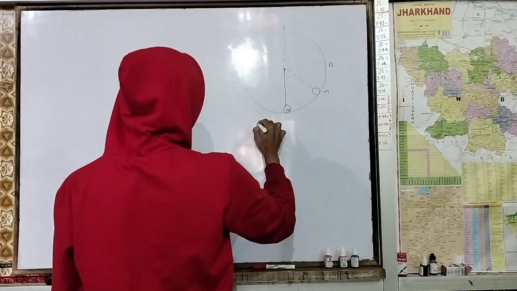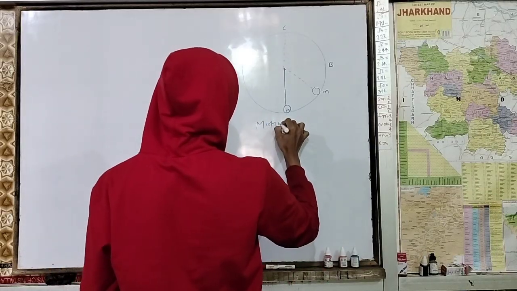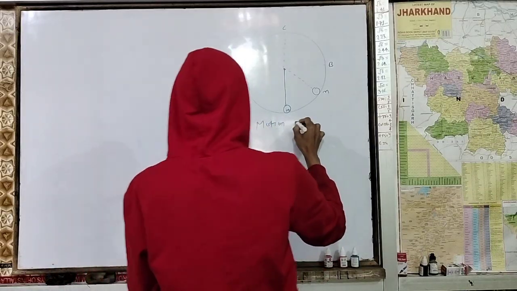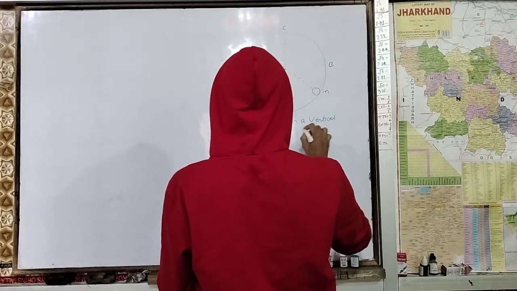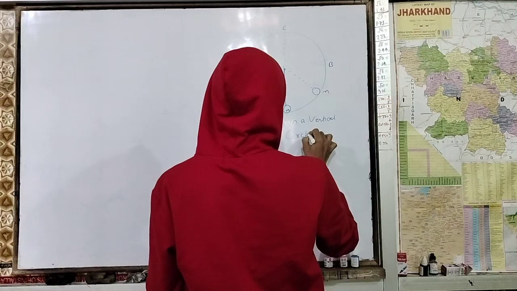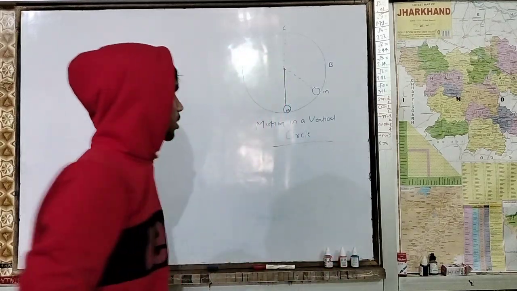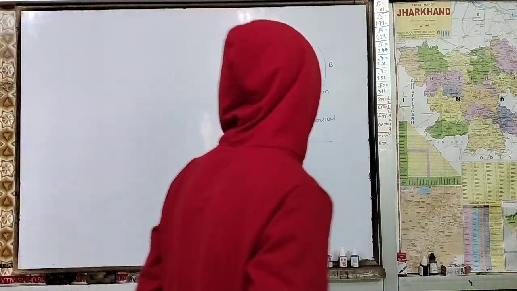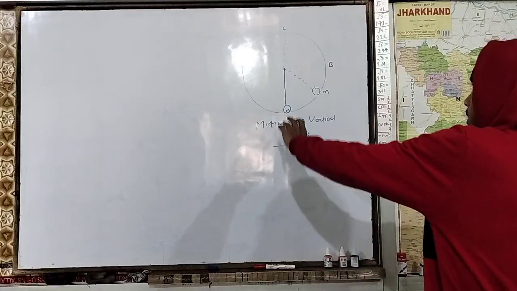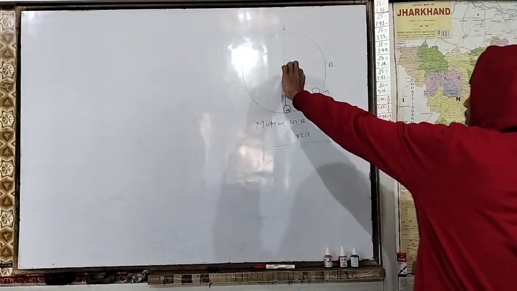Motion in a vertical circle. Here you will observe the motion of a body which is moving along the circumference of the circle, vertical like this.